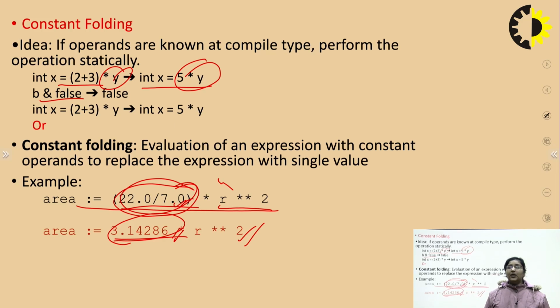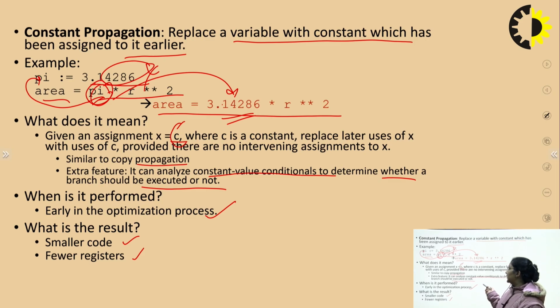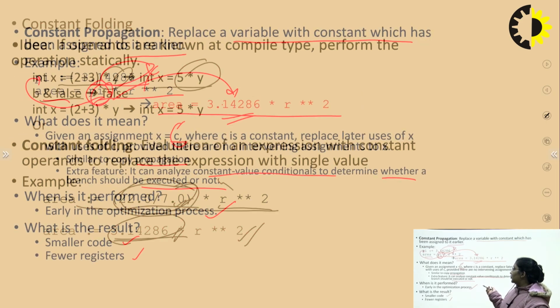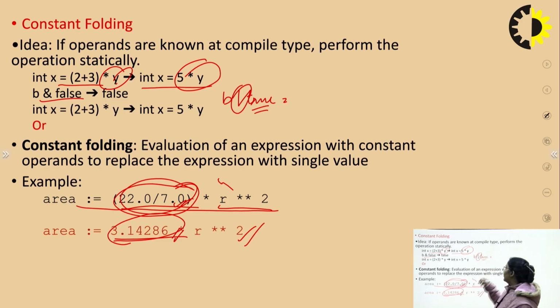Or during compilation we know, through constant folding and constant propagation, that in x = 2 + 3 * y, the 2 + 3 can be computed right there. B and false is always false. If I write B or true, we all know that true ORed with anything will always be true.